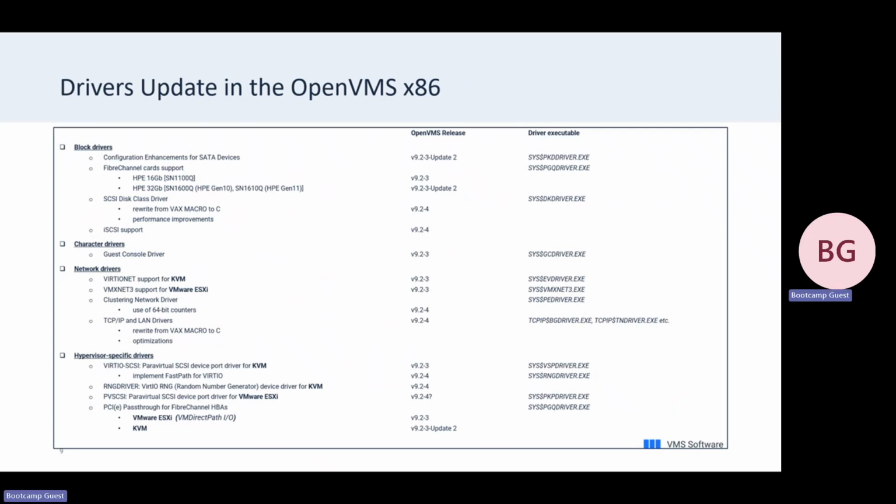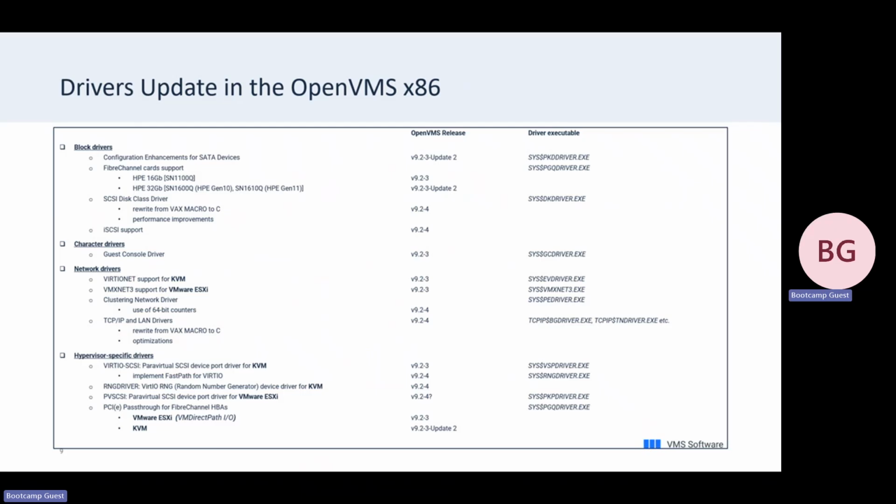So I would like to give you an update of the current drivers in OpenVMS x86 that have been established from the 9.2-3 version and later. I have split some drivers into 4 categories. The first one is the block drivers.